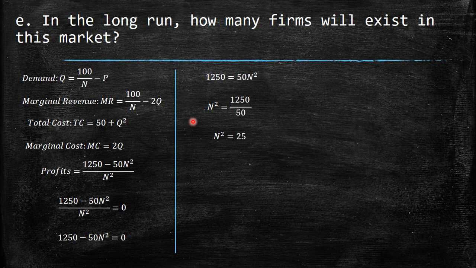So then you use the square root on the left part, and you use it on the right part too. You take the positive value of n, because the square root naturally has two solutions, minus 5 and 5, and you take the positive one since we are talking about firms. So the firms that will exist in this market should be 5.